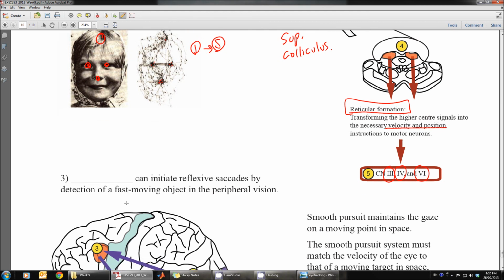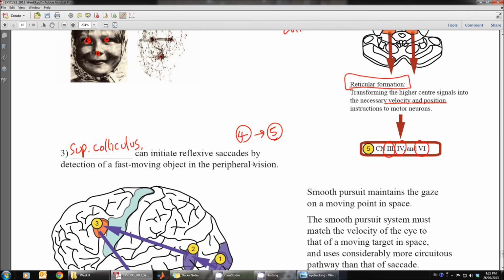And thirdly, reflexive saccades can occur, and this is directly from the superior colliculus. So from the central visual pathway, a branch can go straight to the superior colliculus, and that can initiate the saccades. So this pathway goes through the reticular formation directly to cranial nerves number 3 to 6, controlling those nerves.